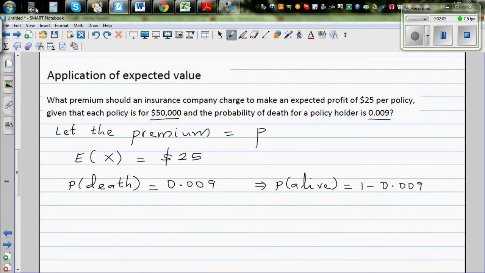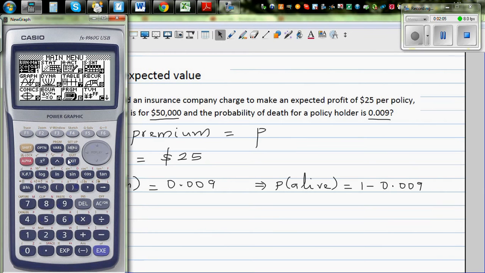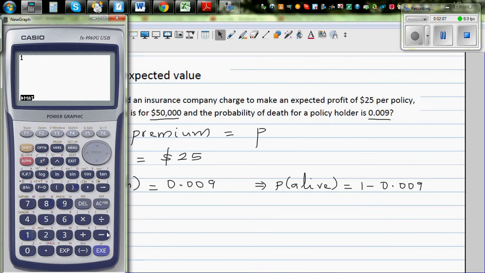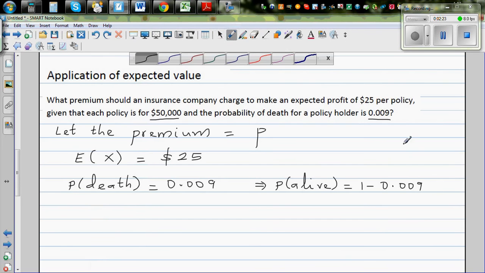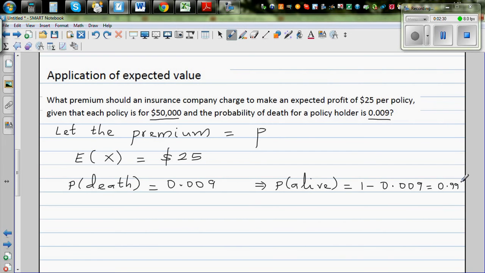Let's use the calculator to be safe. It's 1 minus 0.009, which is 0.991. So the probability that a person is alive is 0.991.